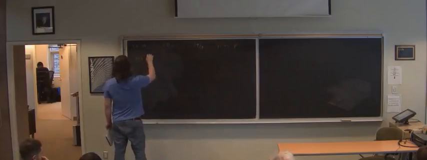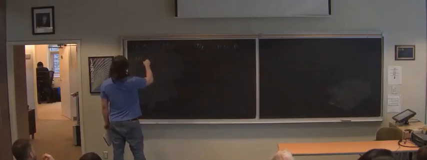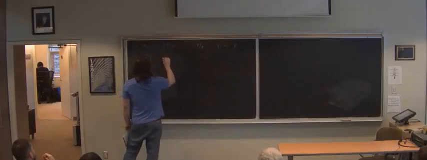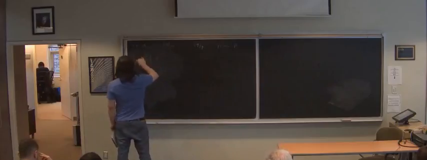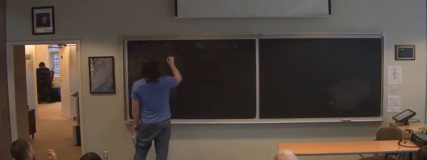And we define the logarithmic height of a over b in lowest common form to be log of the max of |a| and |b|.